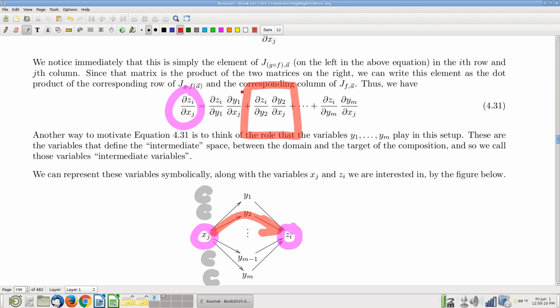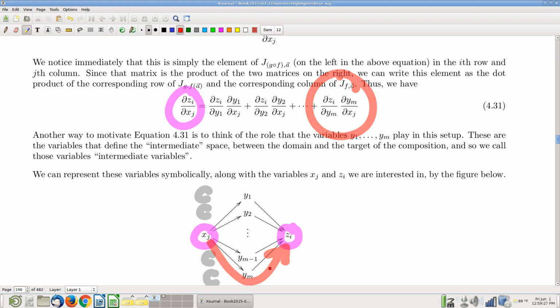Or you might say the second term corresponds to how much changes propagate through the y2 intermediate variable. Et cetera, et cetera. The last term there is just talking about changes propagating through the ym variable. So I think it's a very convenient way to think about the chain rule.